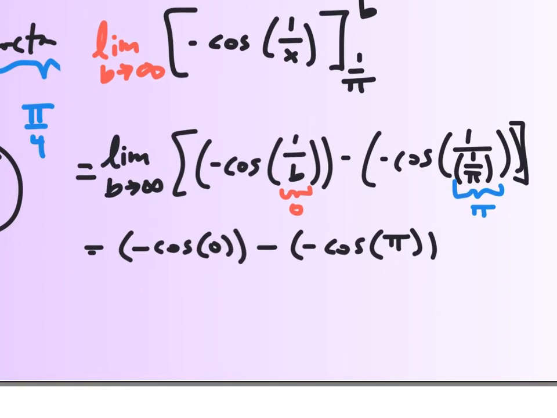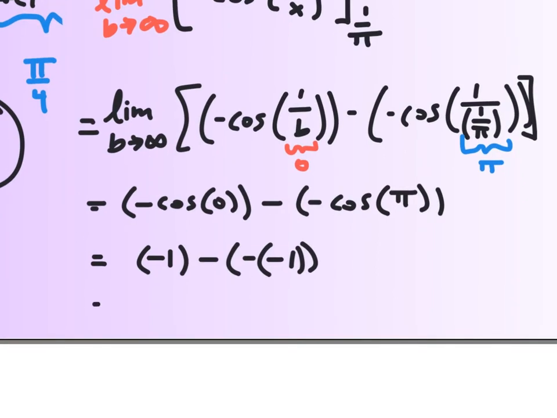Let's evaluate that. Cosine of 0 is 1, so I get negative 1 minus cosine of pi is negative 1 as well. So I get minus a negative 1. Okay, so if I simplify, these will cancel. It looks like I get negative 2.